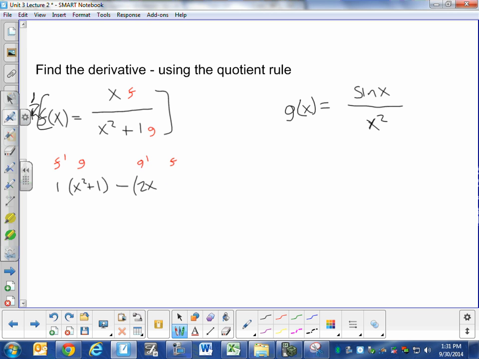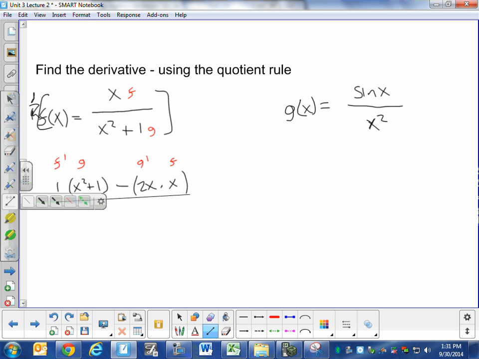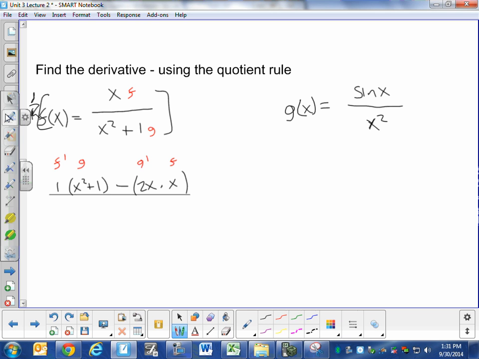In this case, it's not that important because it's just 2x times x. But if there are multiple terms, subtracting all of those terms is important. And then that's all divided by g squared, which is x squared plus 1 squared. And this is f prime.